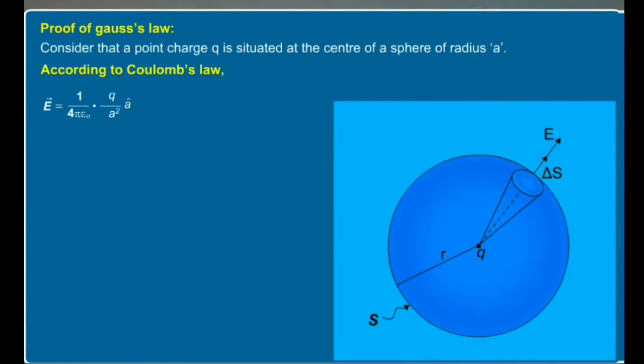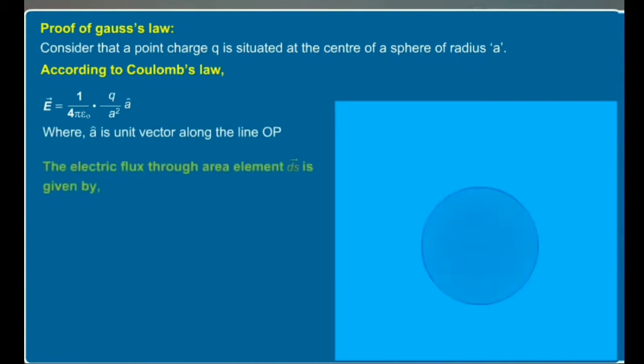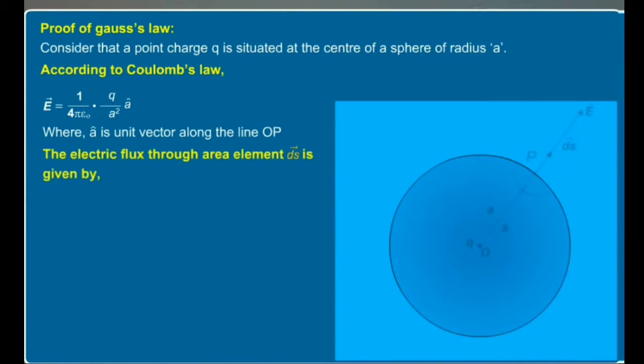Then according to Coulomb's law, E bar is equal to 1 by 4 pi epsilon naught, q by a square, into a cap, where a cap is the unit vector along the line OP. The electric flux through an area element ds is given by phi is equal to E dot ds, based on the flux.